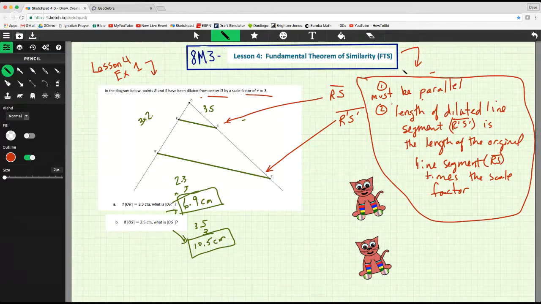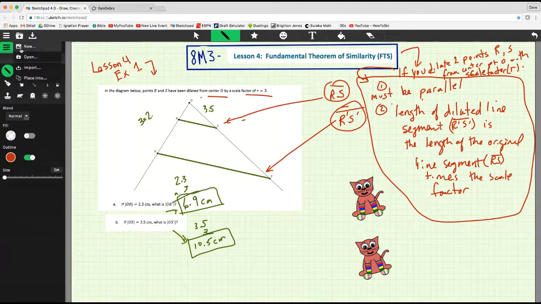And again, the precondition says if you dilate 2 points R, comma S from center point O with scale factor R, then this is true: RS to R prime S prime. Okay, so that's our fundamental theorem of similarity.